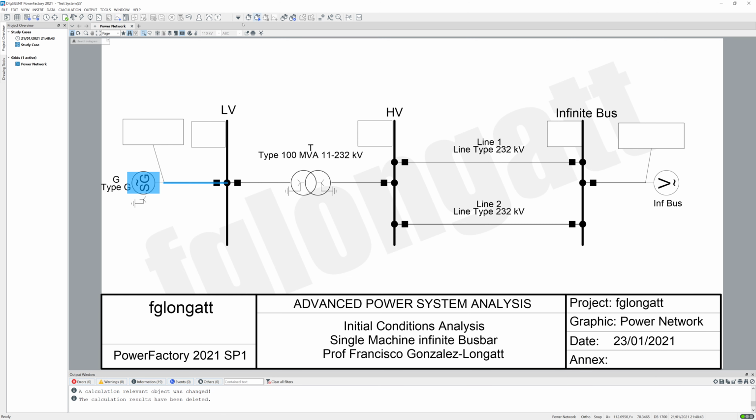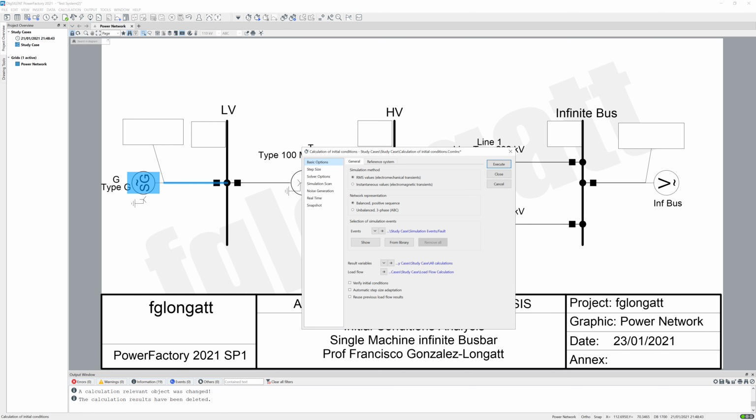If we press over there, you can see that there is a dialog window to define the initial condition calculation method, the simulation method, the network representation, and so on, okay?